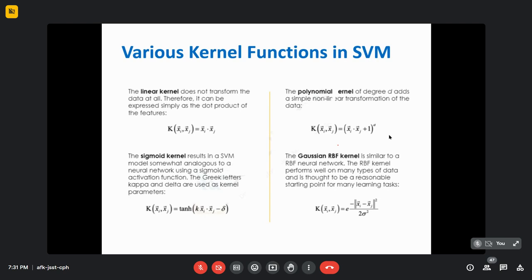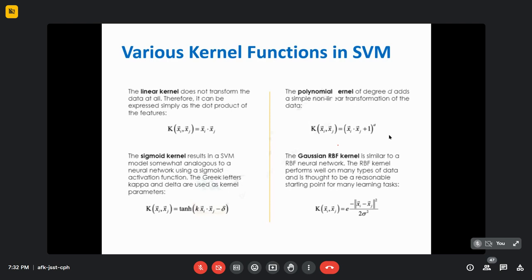If you know that your data is linearly separable, you just use the linear kernel, and this is your default. If the pattern your data is following is somewhere a sigmoid curve, you just use the sigmoid kernel. If the pattern is kind of U-shape or hyperbola, you just use the polynomial. And if you're not aware, you just use this Gaussian RBF kernel.